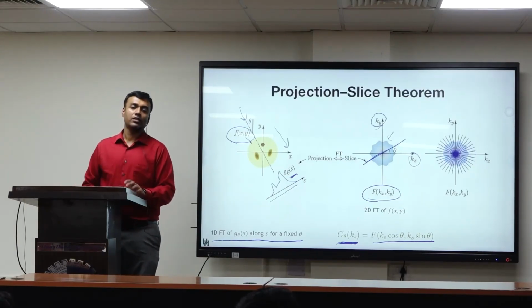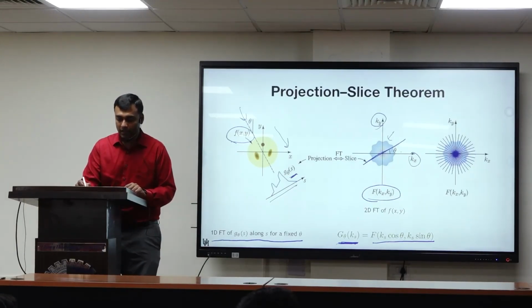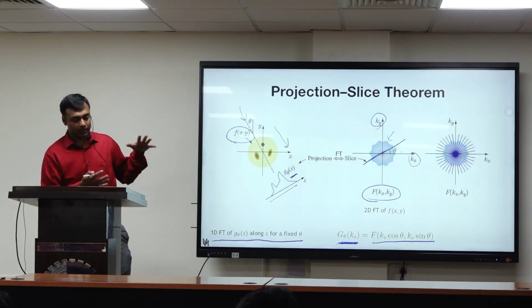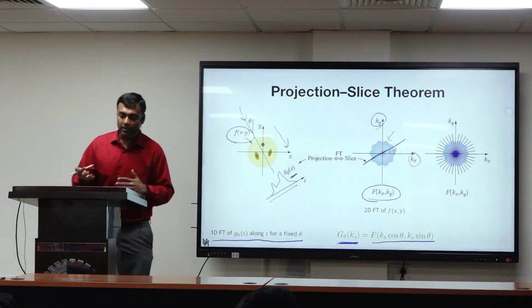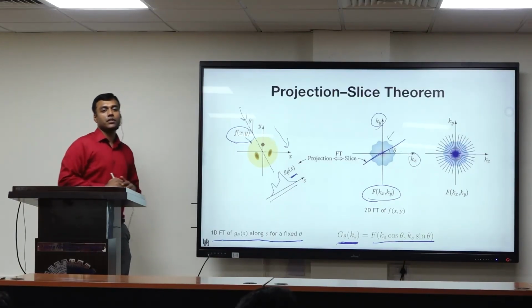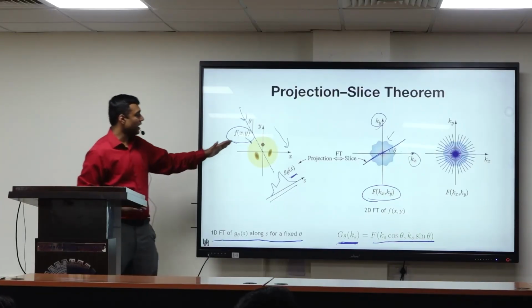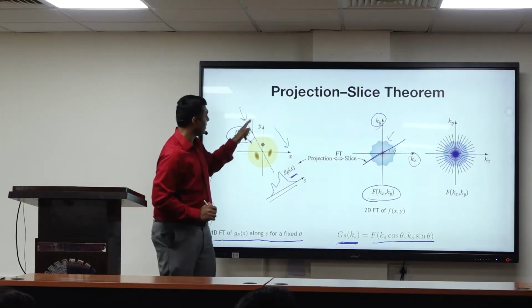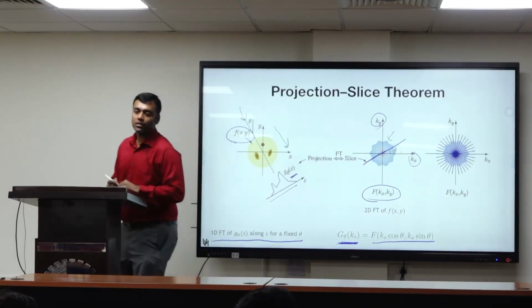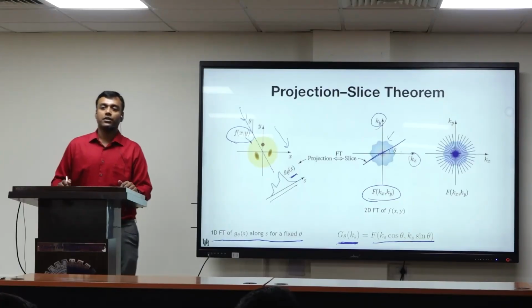So this is called the projection slice theorem. Projection of the data is equivalent to taking the Fourier transform and then taking a slice in the Fourier transform at the angle theta. This is the angle theta at which you slice the Fourier transform.